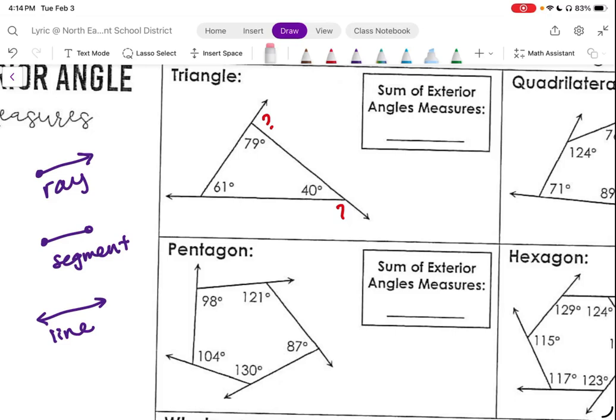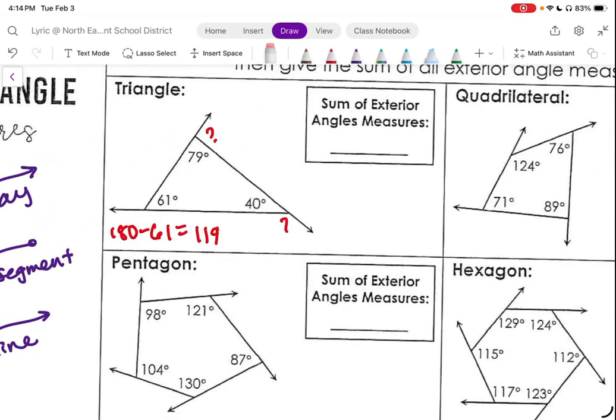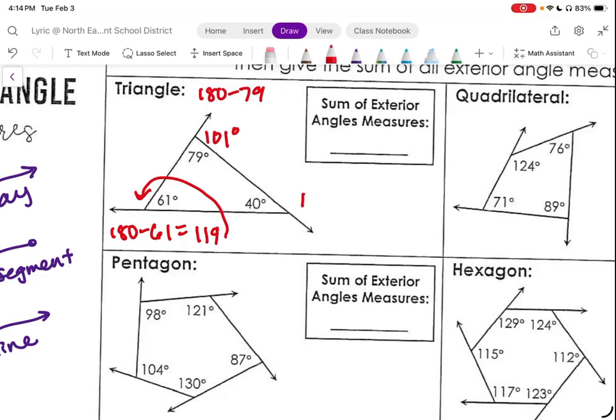So if the whole thing is 180, how can we find this missing angle? We can say 180 minus 61, and that's going to give us 119. So this one is 119. This next one here, 180 minus 79, and we get 101 degrees. And this last one, 180 minus 40, and we get 140 degrees.